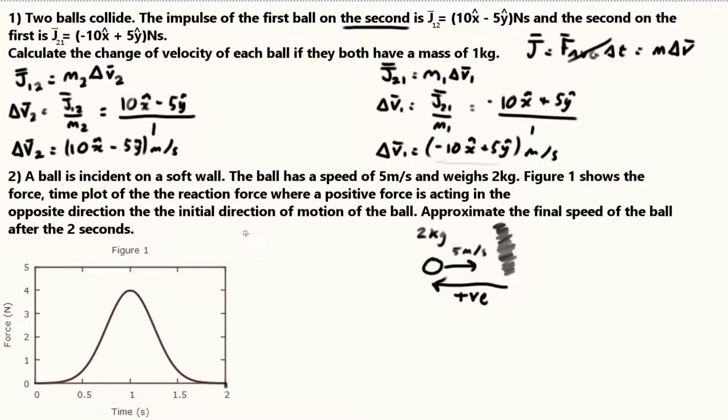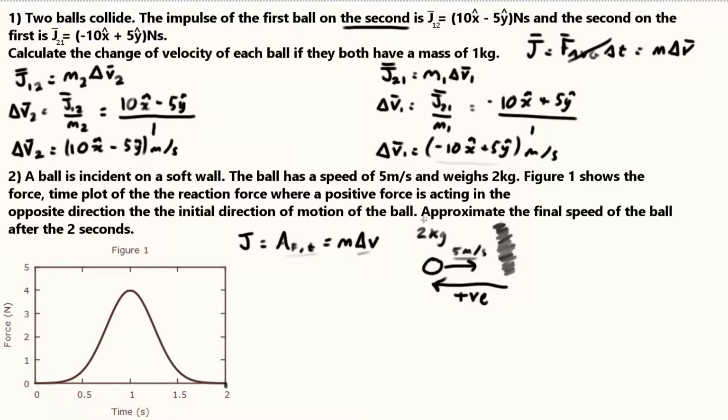We know that for graphs, our impulse is equal to the area of an FT plot. We also know our impulse is equal to the mass times the change in speed, meaning that if we can find out the area, then we can find the change in speed and compare that to our initial speed.